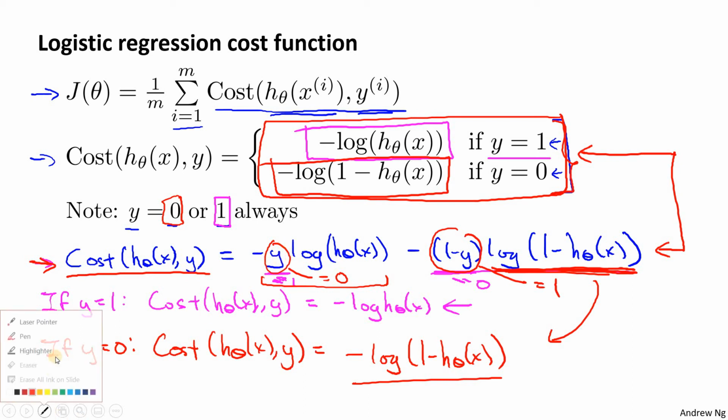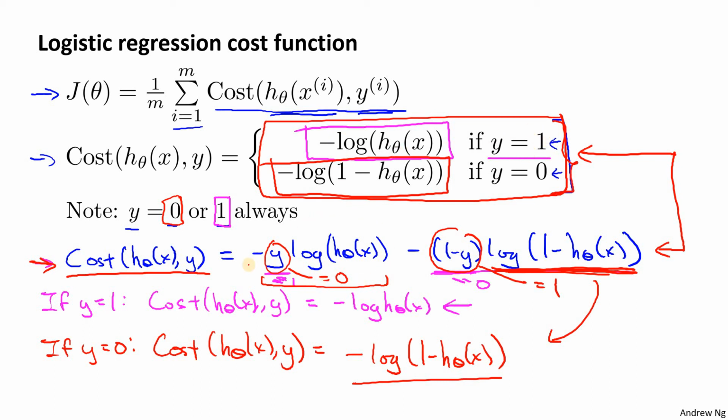So what I have done over here, if you look at this J formula, I have this log of h, and I multiply it with y. Why do I multiply it with y? Because when y is equal to 1, I will be using this formula.